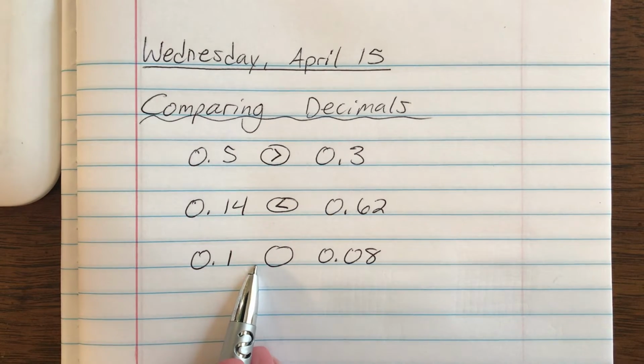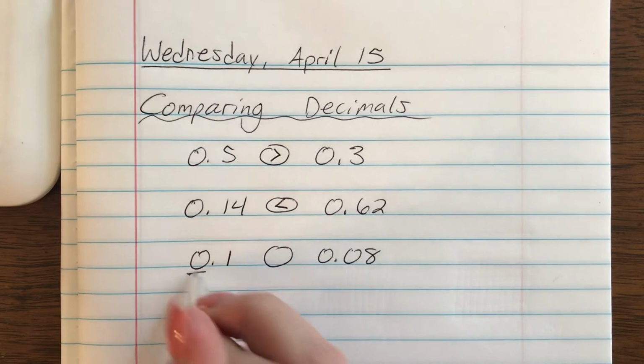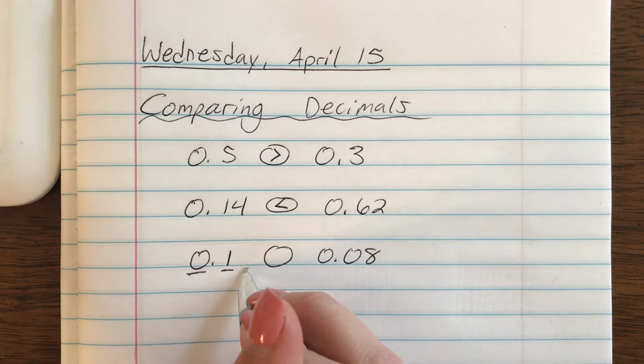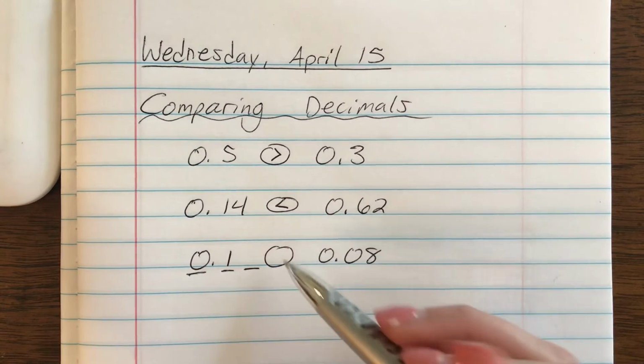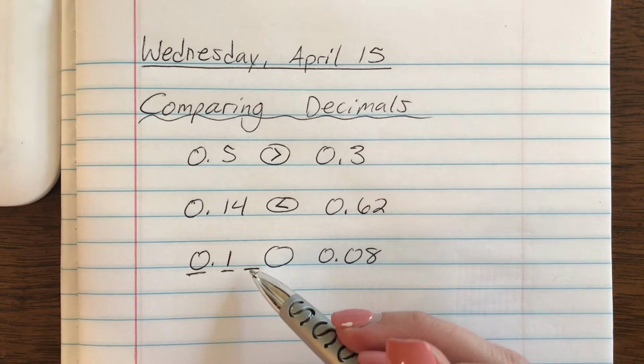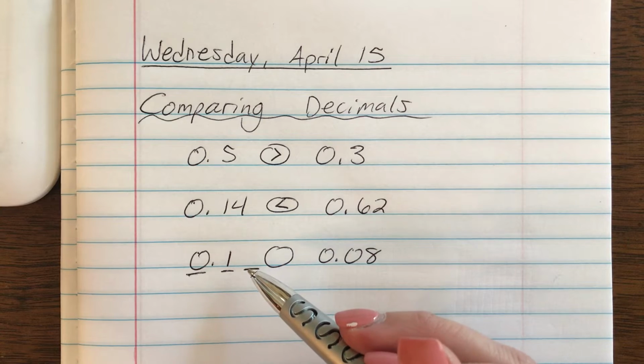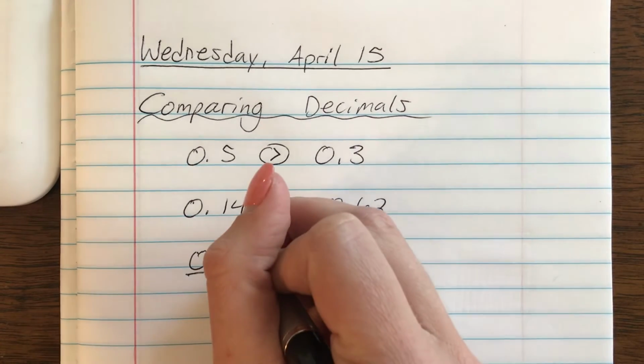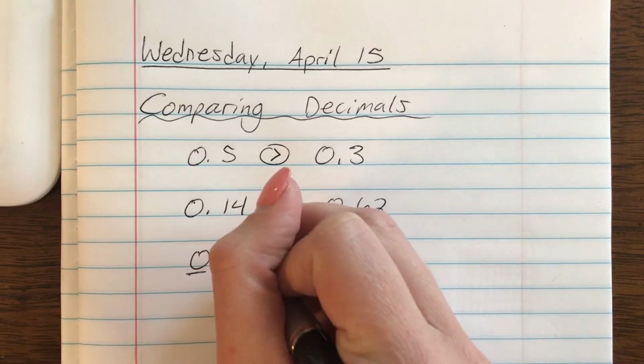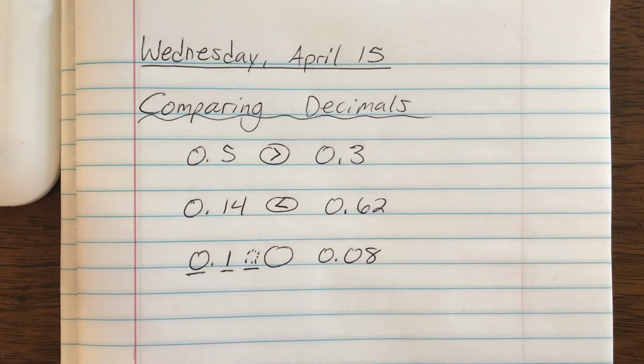So thinking about our places, we have ones, tenths, and we have hundredths. There is nothing here right now. The only digit that we can use, the only number that we can use as a placeholder is going to be our 0. So you're going to have to add that imaginary 0 there to make sure that your decimals now go to the same place.